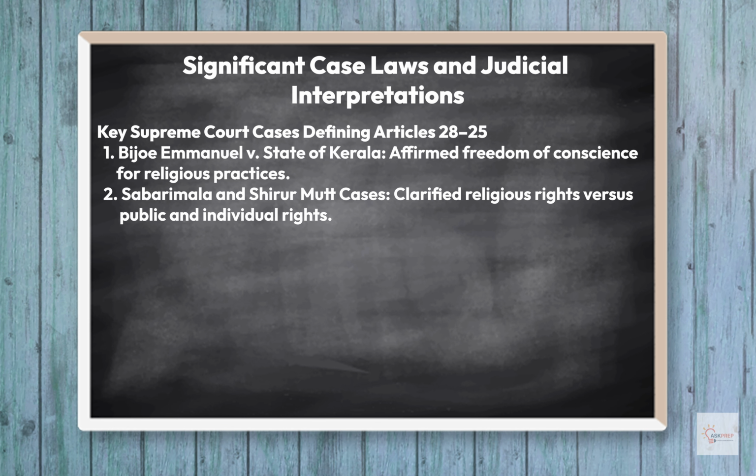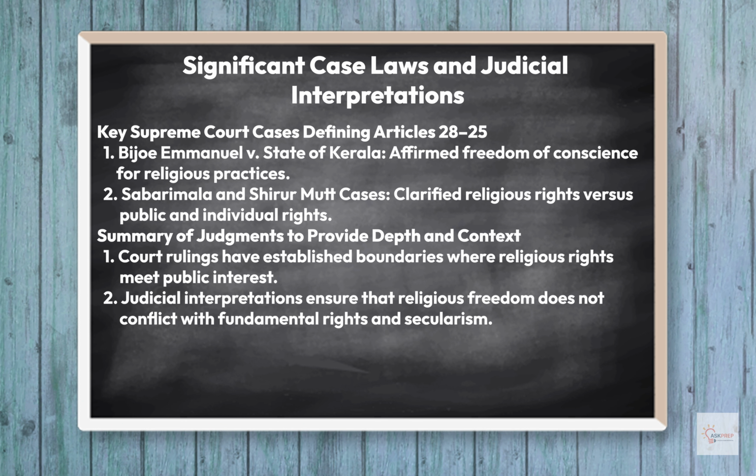Sabarimala and Shirur Mutt cases clarified religious rights versus public and individual rights. Summary of judgments to provide depth and context. Court rulings have established boundaries where religious rights meet public interest. Judicial interpretations ensure that religious freedom does not conflict with fundamental rights and secularism.